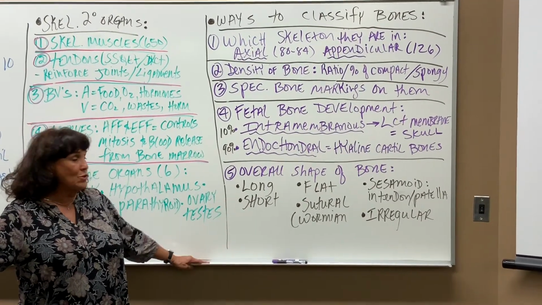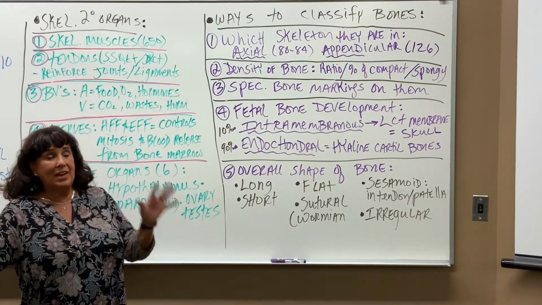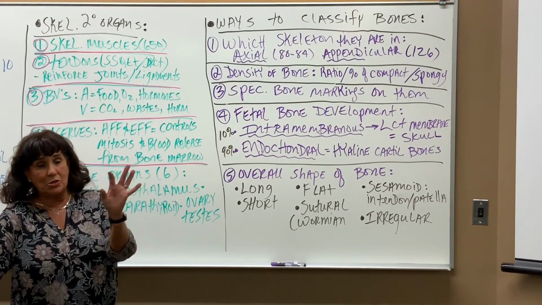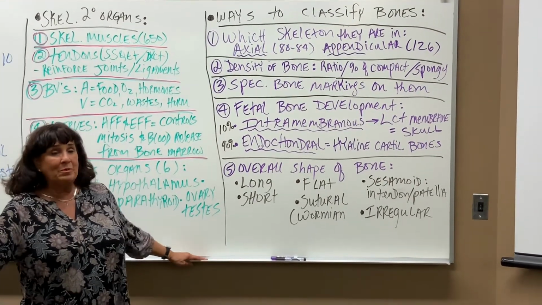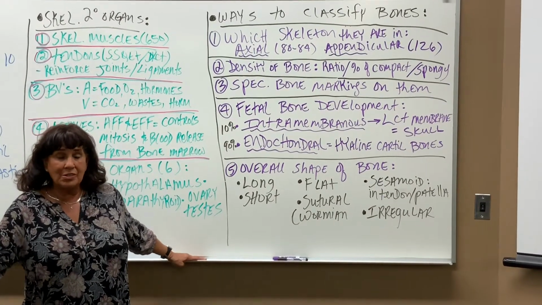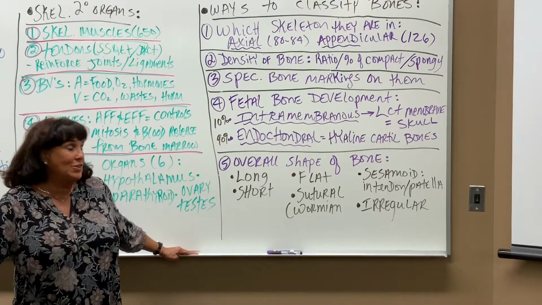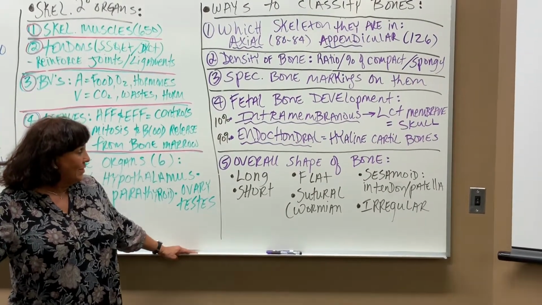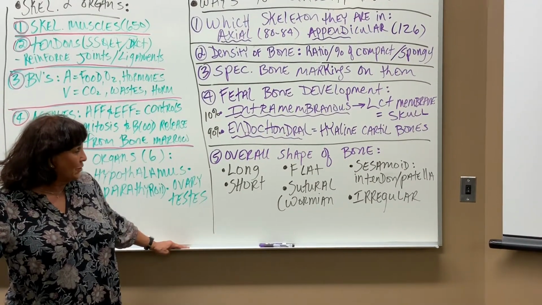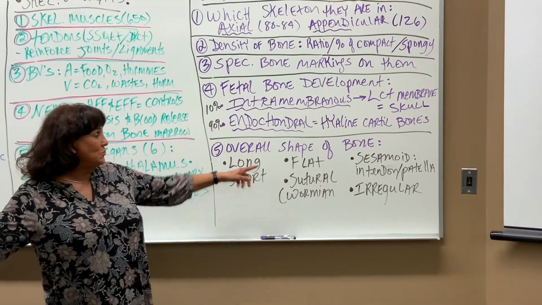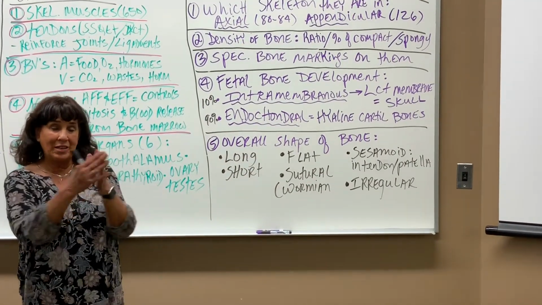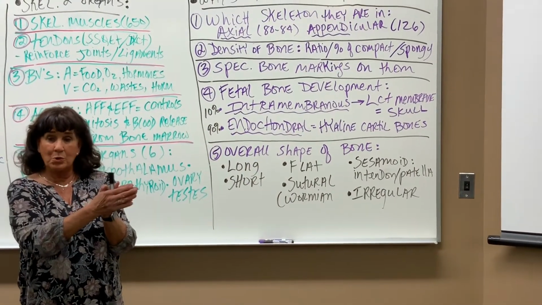Short bones, basically, they have to be sort of cube shape. So some of your tarsal bones, some of your carpal bones are short bones. And then flat bones means they're compressed from the anterior to posterior, sort of like roadkill.